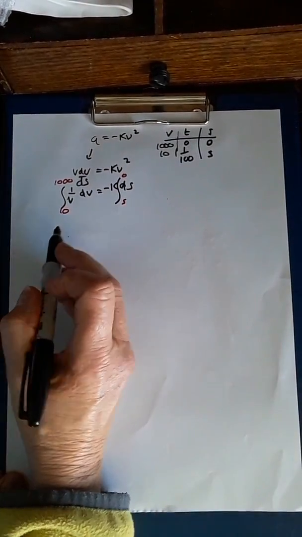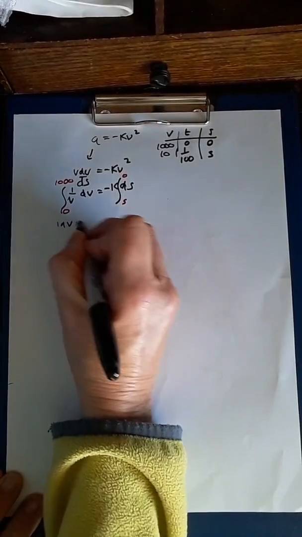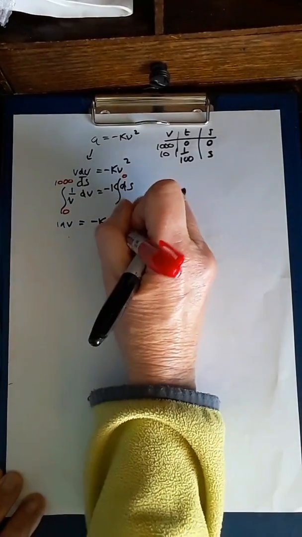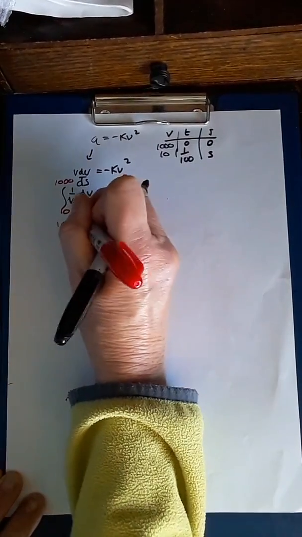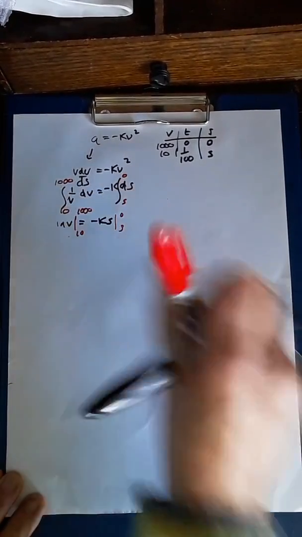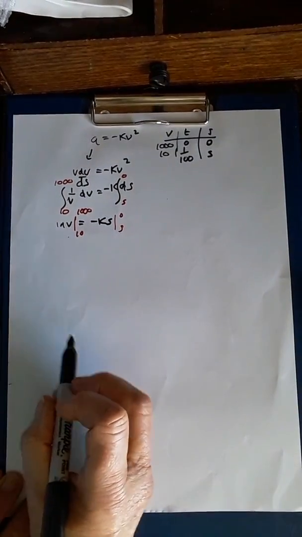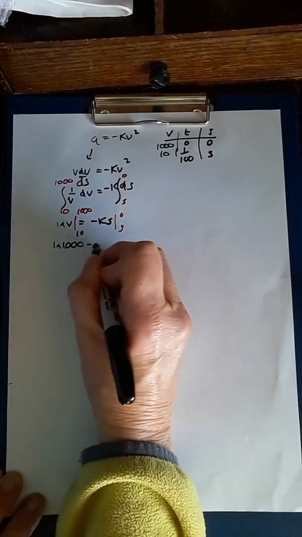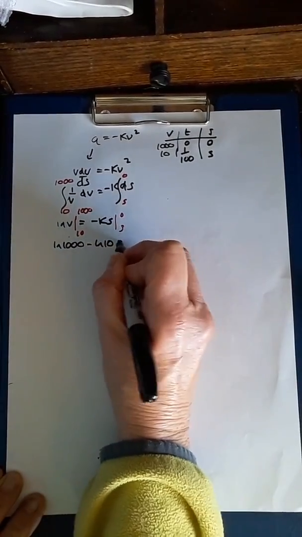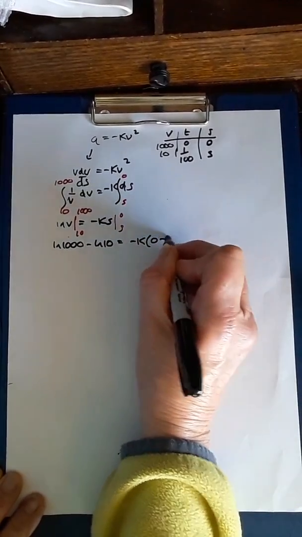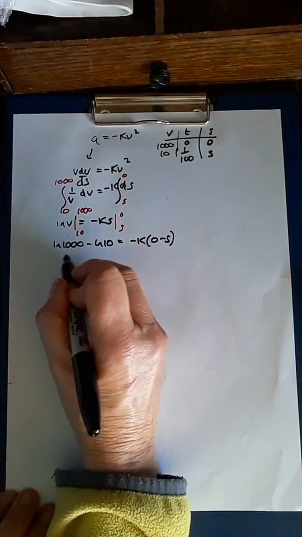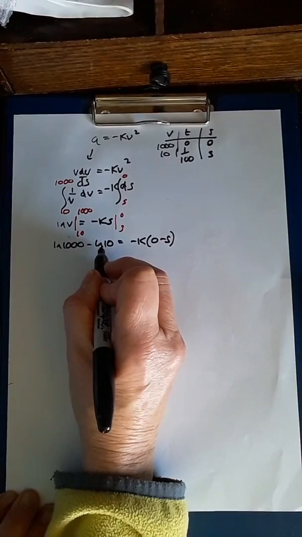So when I integrate this, it becomes the ln of v. This becomes minus ks, and I'm using limits again, 0 to s and 1000 down to 10. So this will become the ln of 1000 minus the ln of 10 is equal to minus k times (0 minus s) when I put those limits in. This, of course, will be the ln of 1000 over 10.